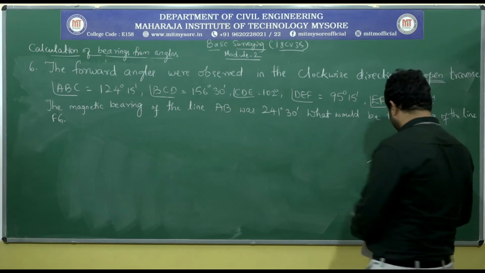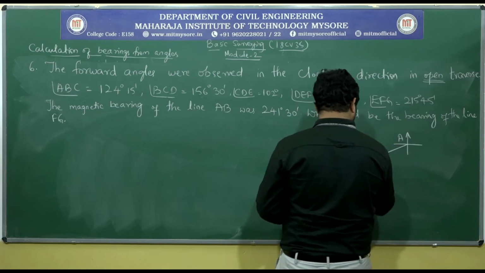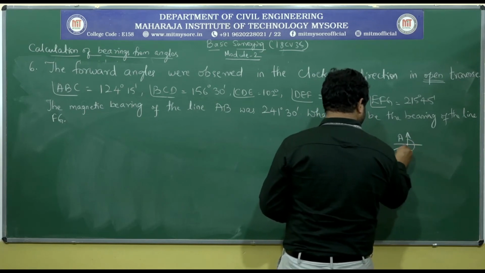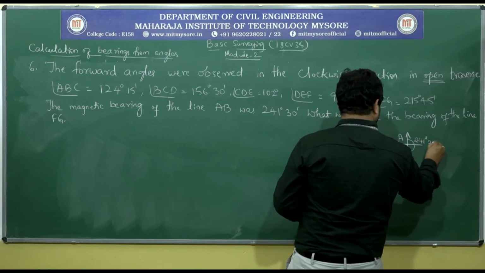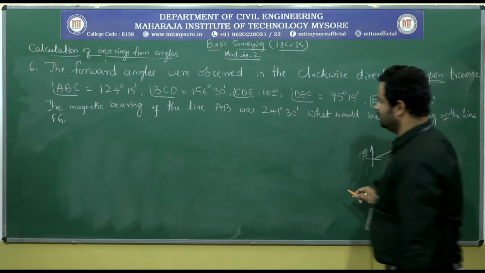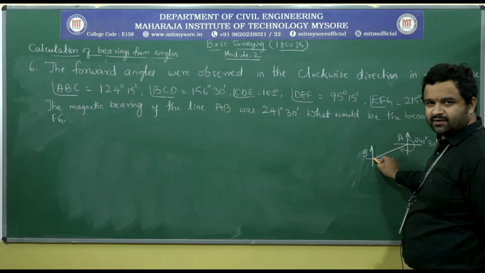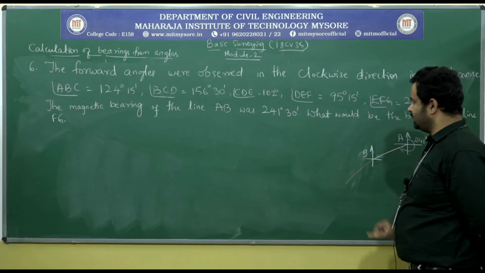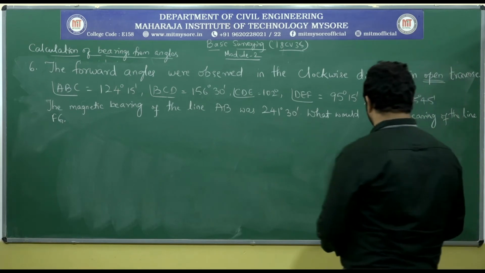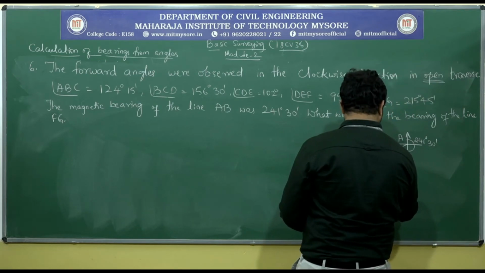So this is known. This is nothing but 241 degree 30 minutes. The angle given is 124 degree 15 minutes. If you take it as a reference, you can draw that line in this quadrant, the angle being 124 degree 15 minutes.